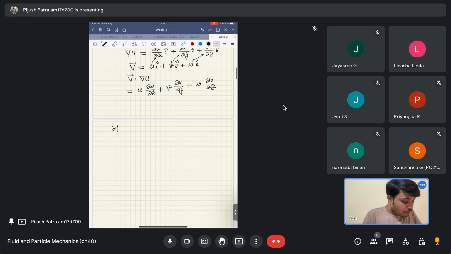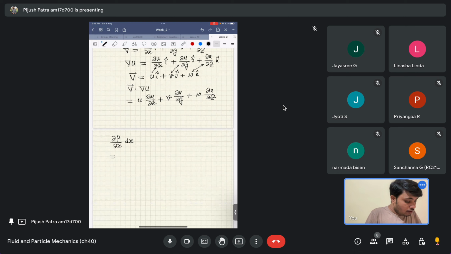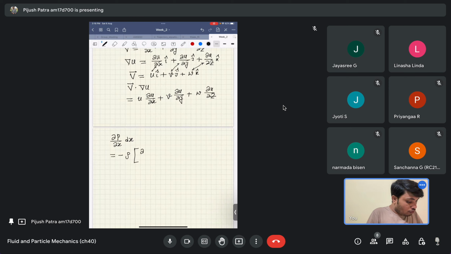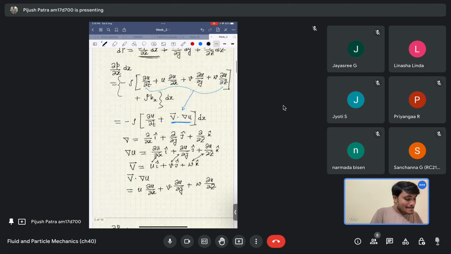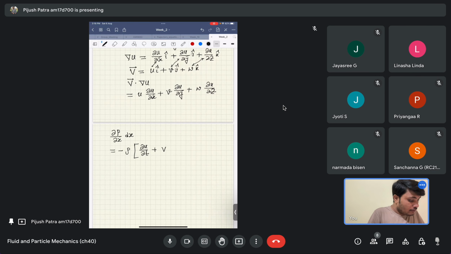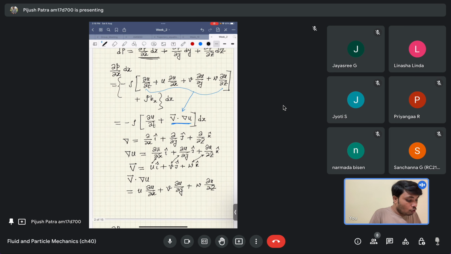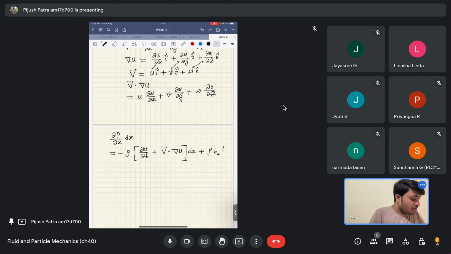So what I am getting is that ∂p/∂x into dx is equal to minus rho (∂u/∂t plus v vector dot del u) into dx, plus I have the other term which is rho bx dx, where bx is the body force along the x direction.